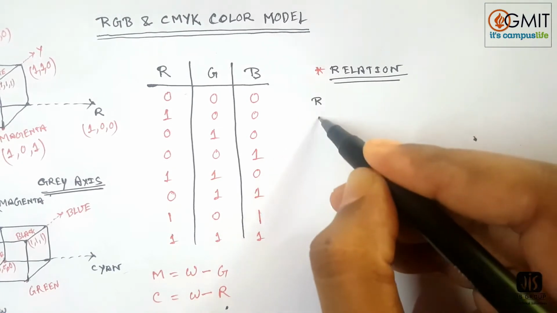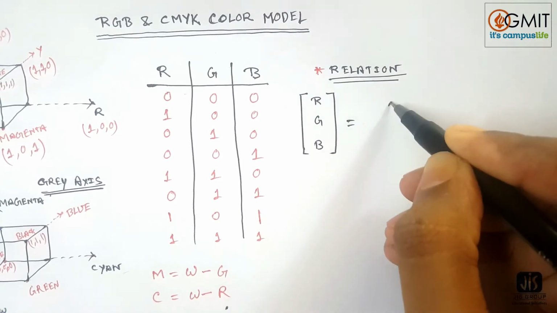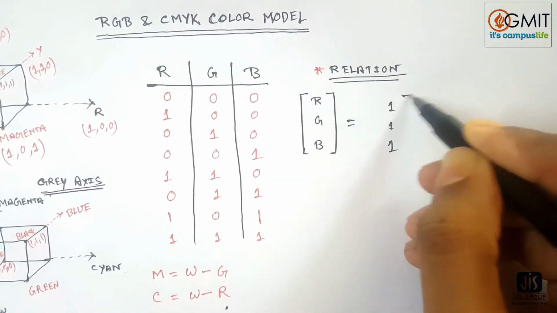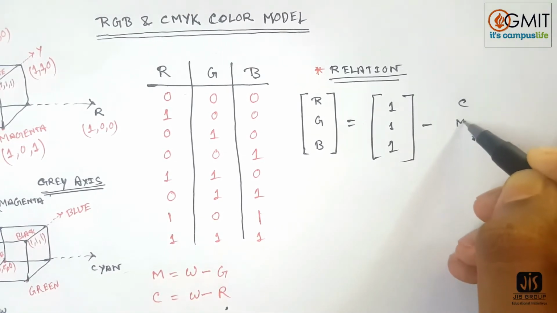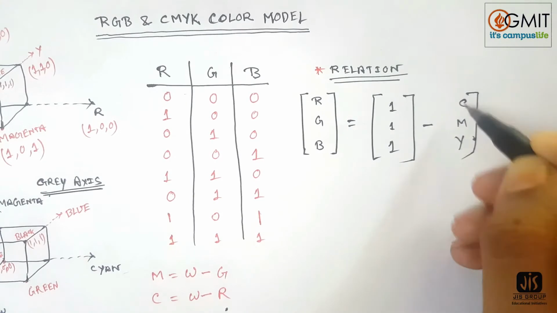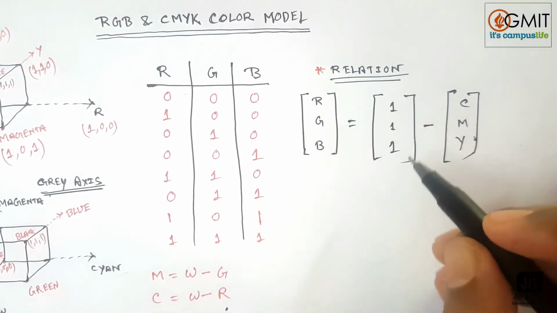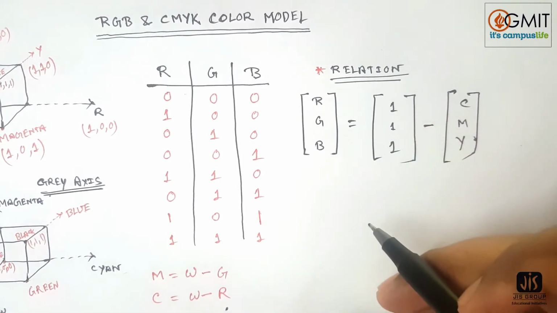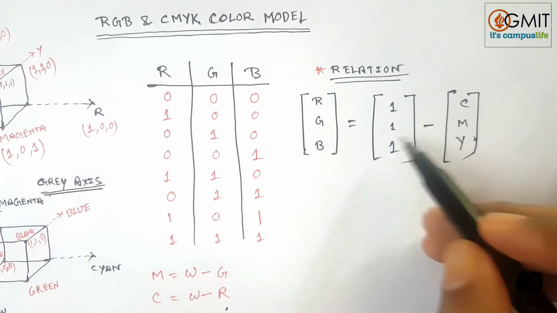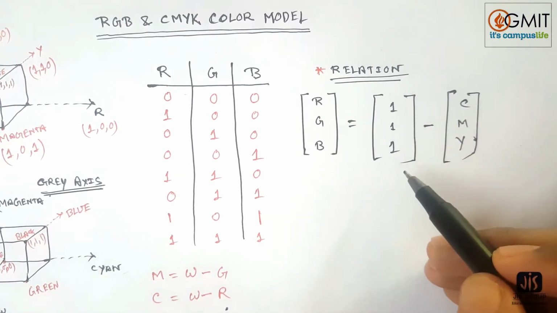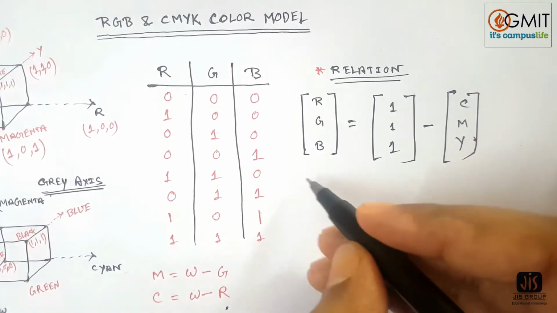RGB is equal to nothing but 1 1 1 minus CMY. So this is the main difference. This is very, very important. What is the relation between RGB and CMYK? To get RGB, we have to subtract CMY from 1 1 1. Clear?